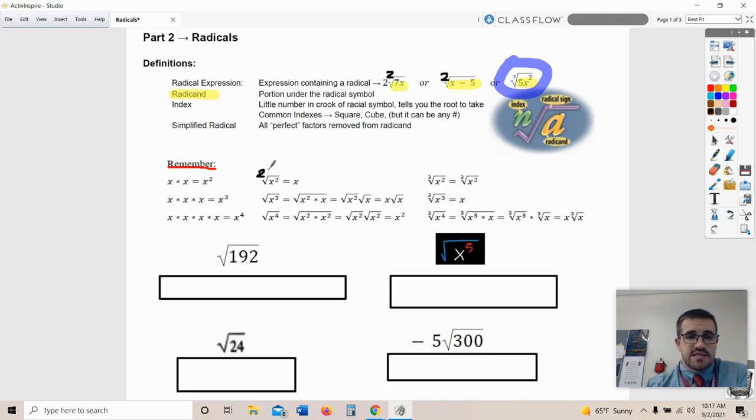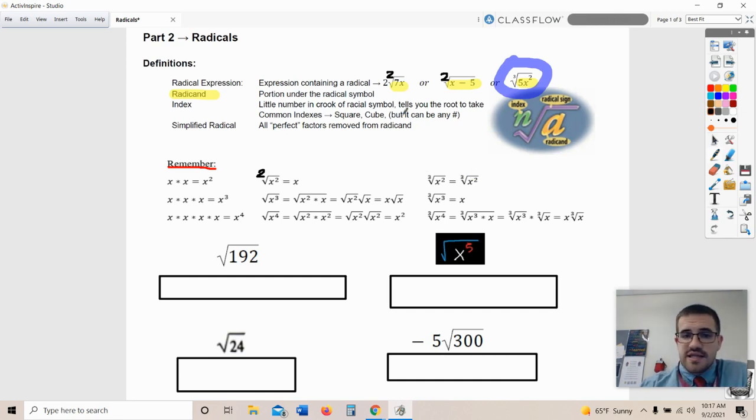Because what this radical is asking us to do is, what number times itself 2 times equals x squared. Well, that's x. Over here on the right, it's asking for the cubed root of x squared and saying what number times itself 3 times gives us x squared. And that's not something we can do to create a perfect factor because the 3 is greater than the 2.